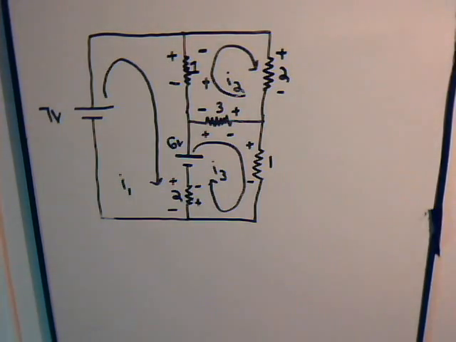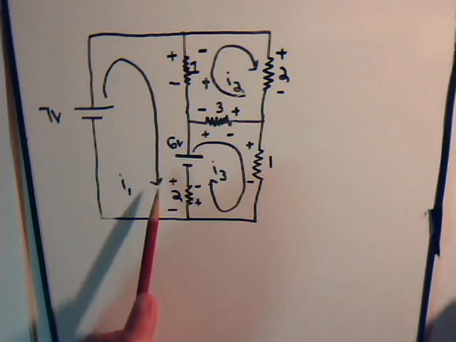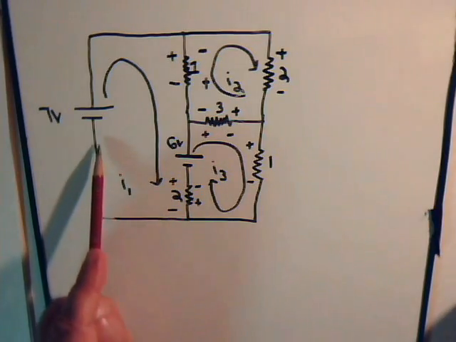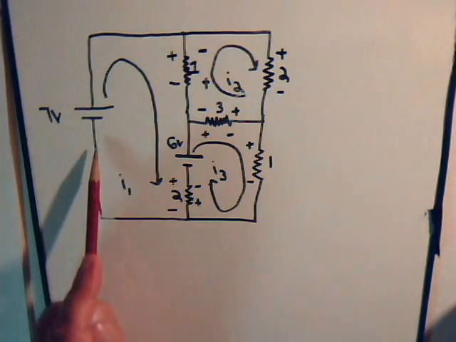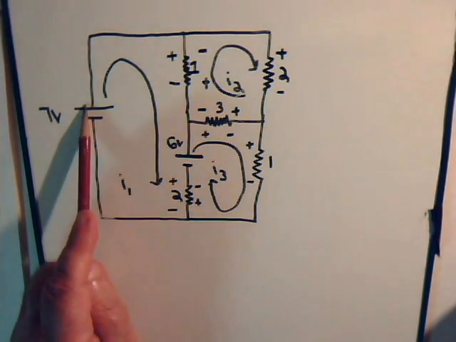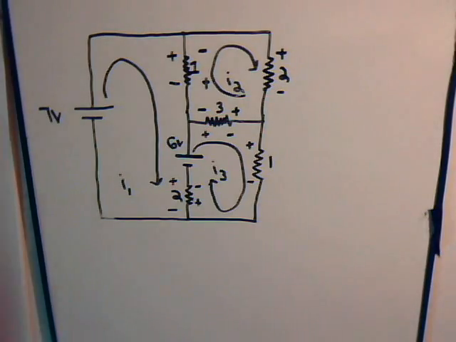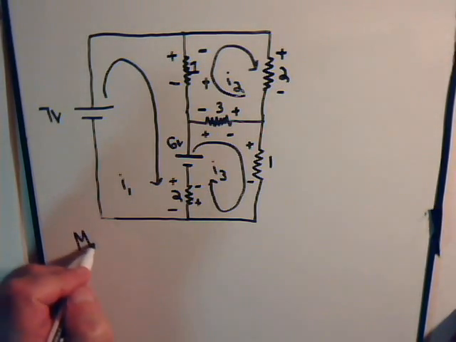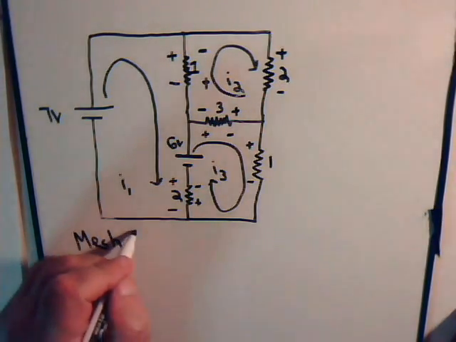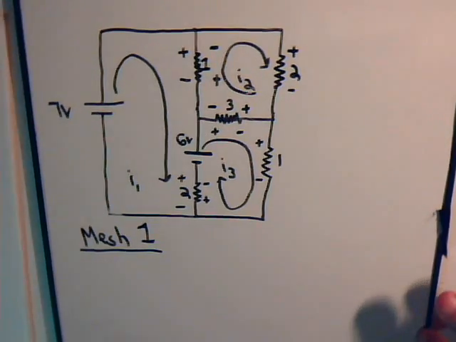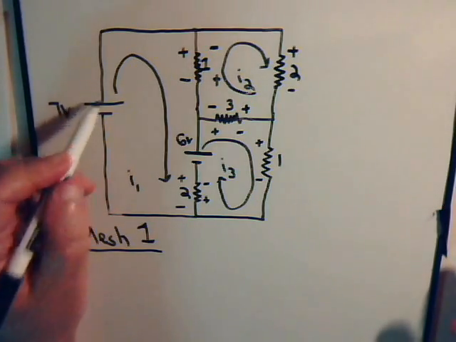So here, current I1 is going in this direction, and from here we'll be going across the battery from the negative potential to the positive potential. So the first voltage that we would write down, we're going to leave the units off and just write the numbers down, here in mesh 1, is plus 7 volts.